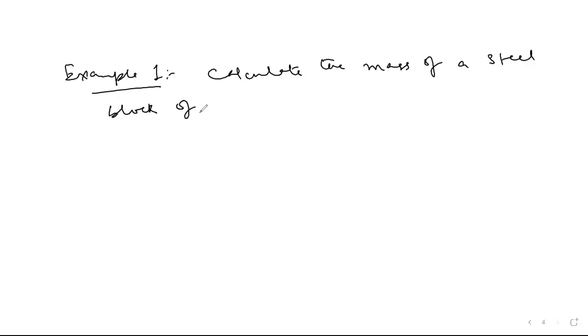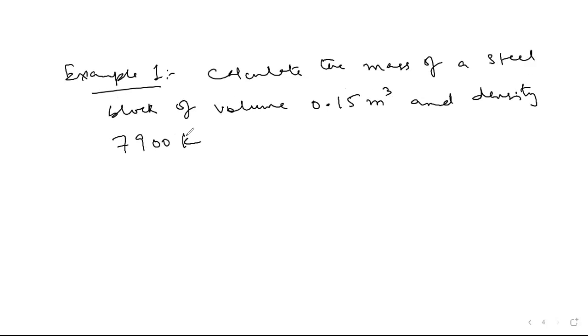Let me call it example 1. Calculate the mass of a steel block of volume 0.15 cubic meter and density 7,900 kilogram per cubic meter.